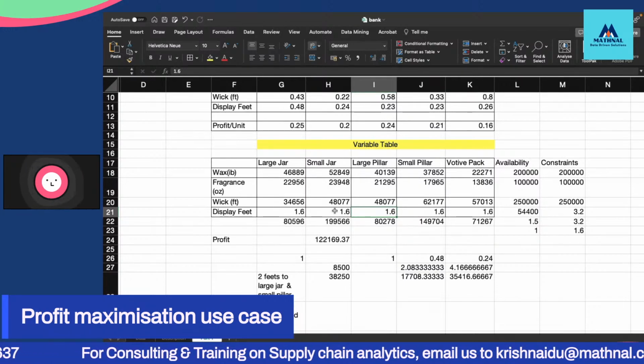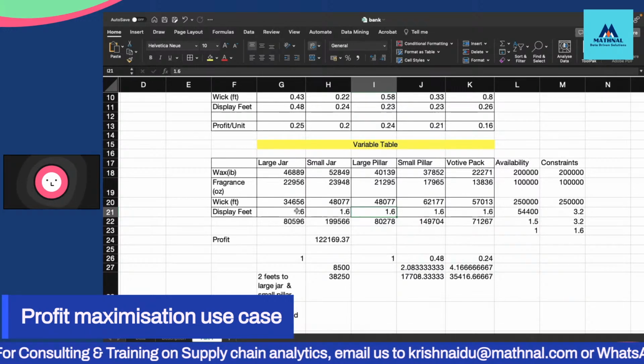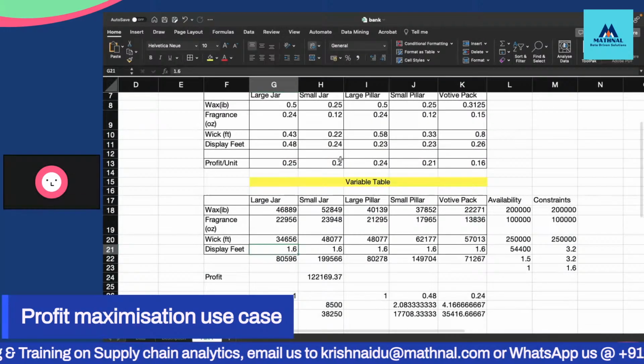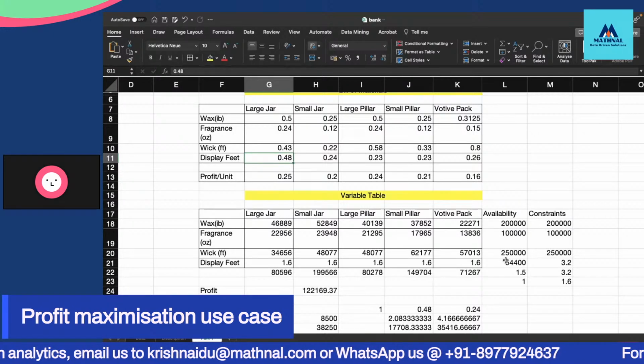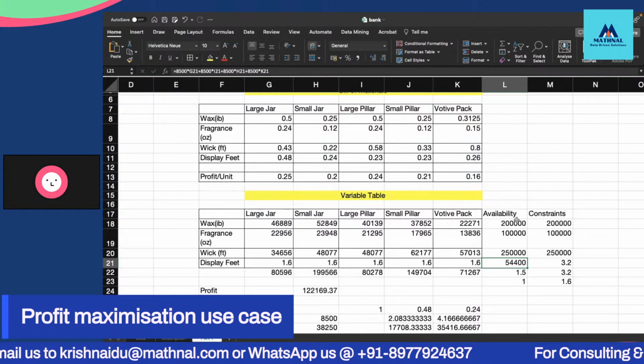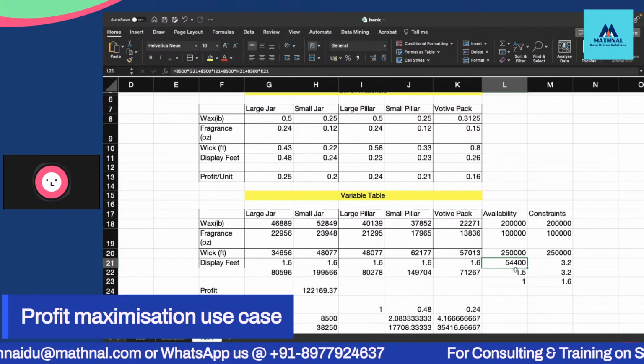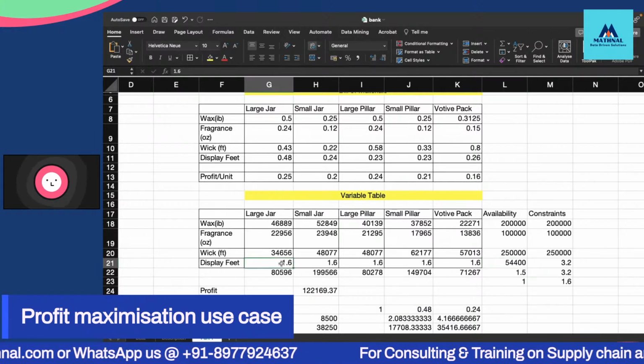So how many feet do we require to produce 4,400 feet?